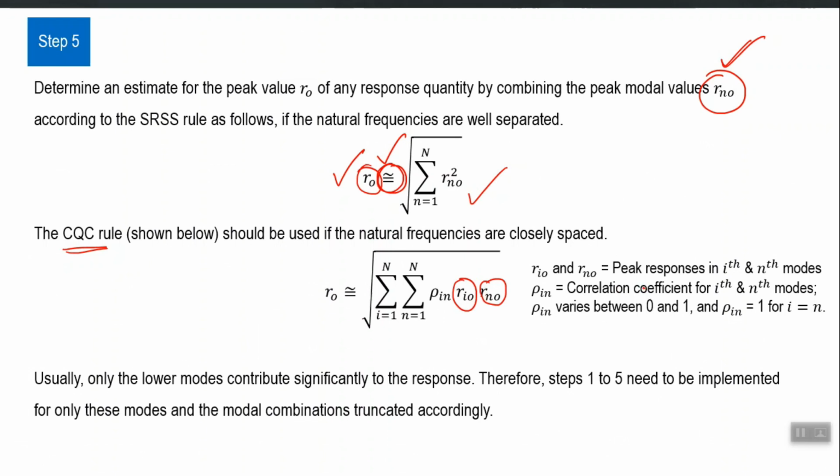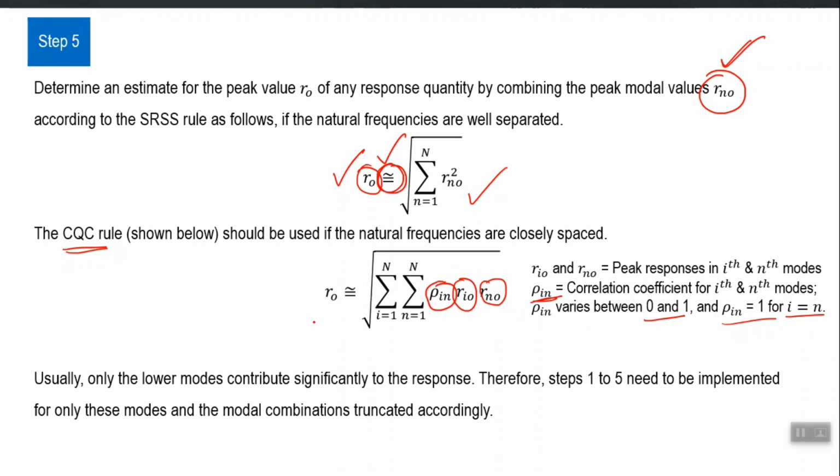So, you will be considering two modes at a time and a correlation factor between the two modes, which is shown here as rho_in. It varies between 0 and 1, and if i is equal to n, the rho will be exactly equal to 1, and in that case this will reduce to SRSS, right.